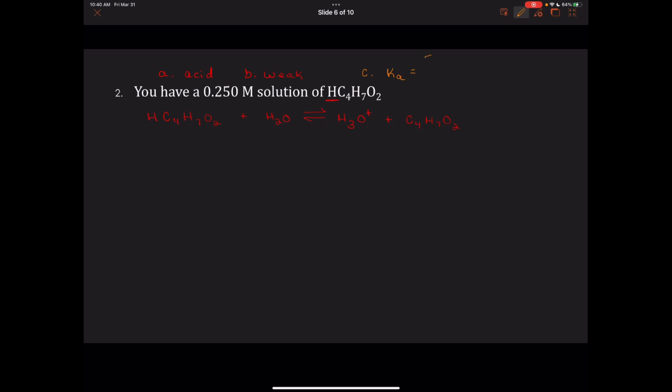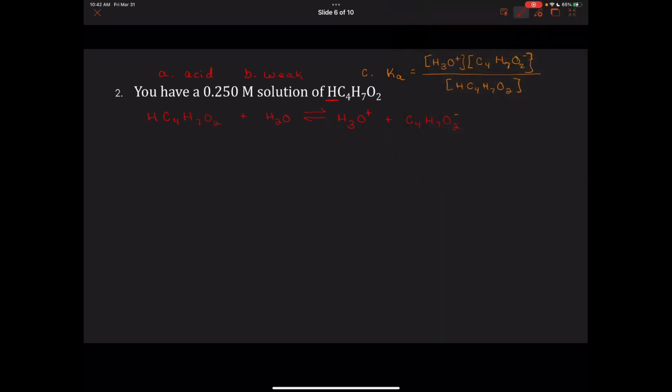Ka equals the concentration of hydronium times the concentration of our C4H7O2 minus, divided by my original acid. Again, remember water is a pure liquid, which we omit from our K expression.